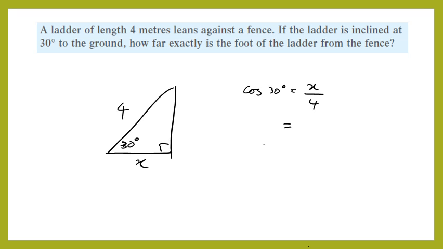Root 3, was it? Oh, 3. Close. You're on the right track. Alright, then just times 4 on both sides. So then 2 root 3 is the same as x. Ooh, writing down meters first would be good.